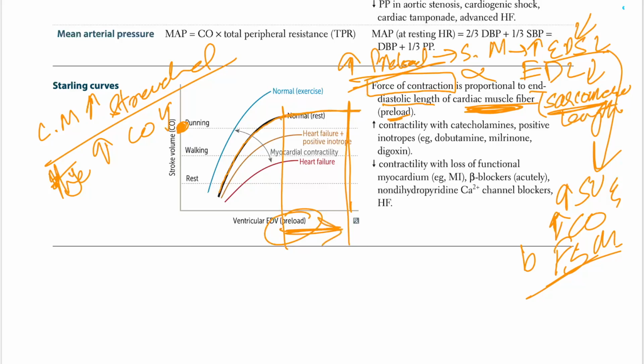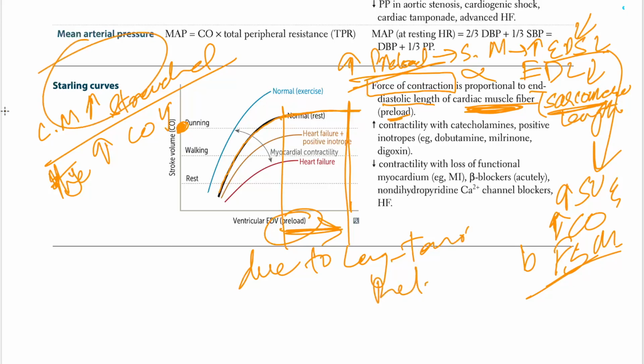Why? That is called the length-tension relationship. And this is exactly what the Frank-Starling curve tells us: that the force of contraction is proportional to the end-diastolic volume, the preload, in the cardiac fiber. What they haven't mentioned is that there is a limit, and then it plateaus.